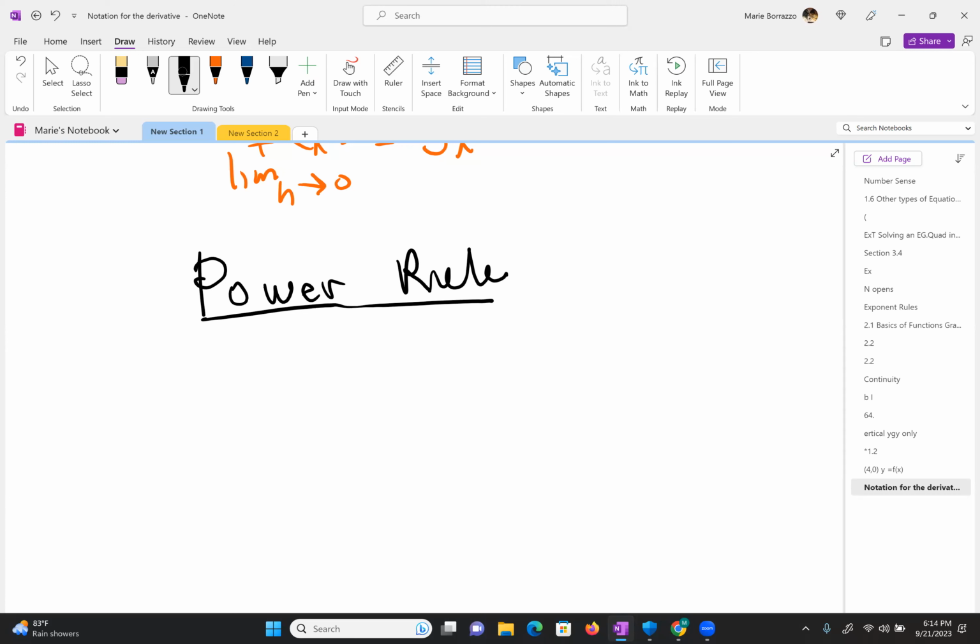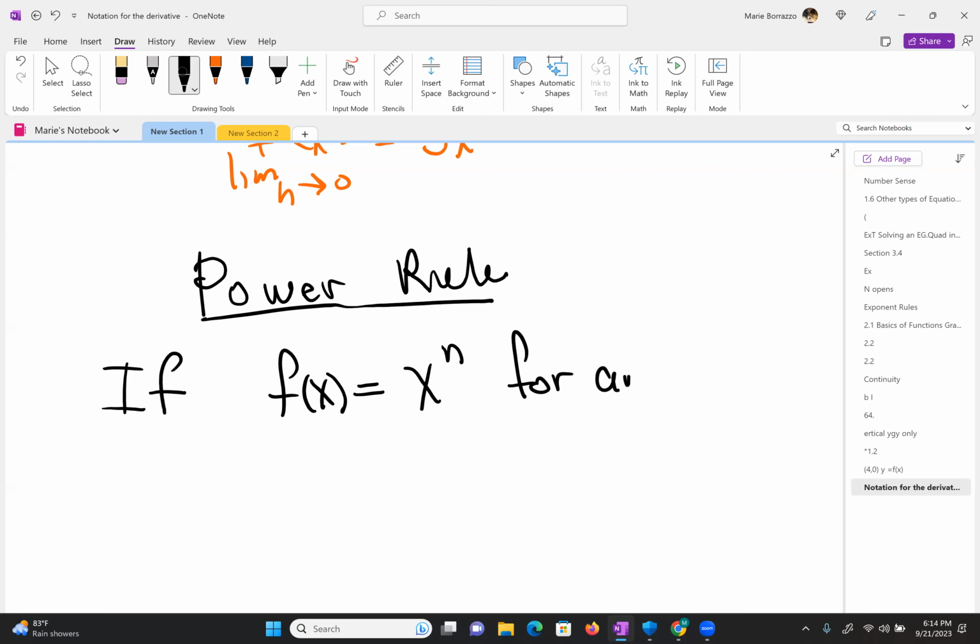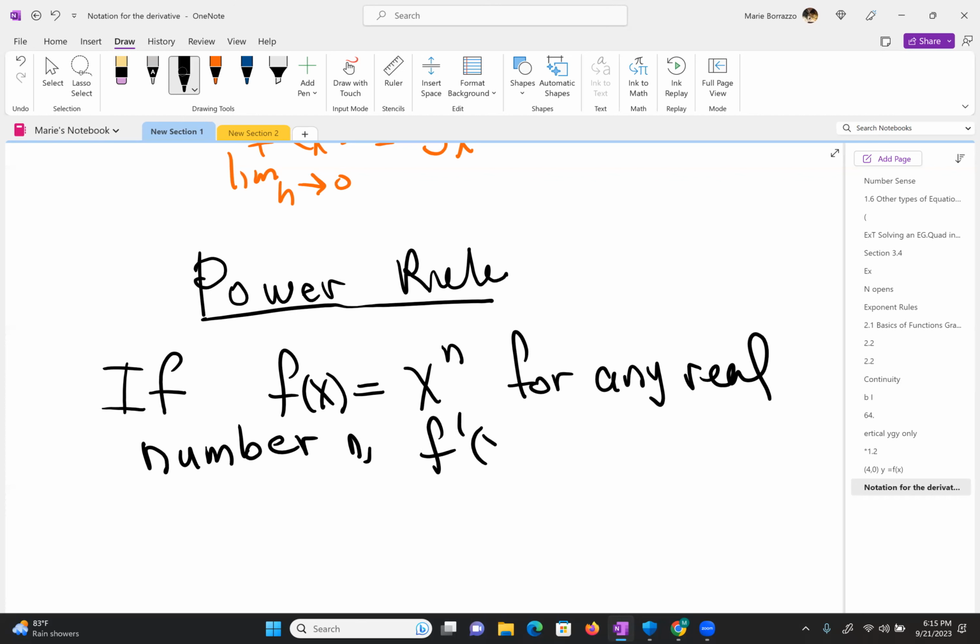And so what they're saying in this case, in the power rule, is that if f of x is equal to some x to the nth power for any real number n, we say then the first derivative, that is equal to d of x to the nth over d of x, which reduces as a formula to n times x to the n minus 1.